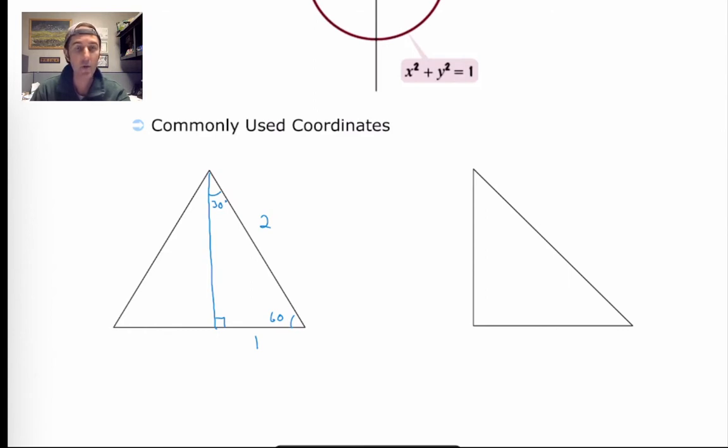The short leg is always going to be half the length of the hypotenuse. And the long leg, which is the vertical one in this illustration, will have a length of the square root of 3. How did I get the square root of 3? I took the short leg and multiplied it by the square root of 3. So really that could say 1 times the square root of 3.